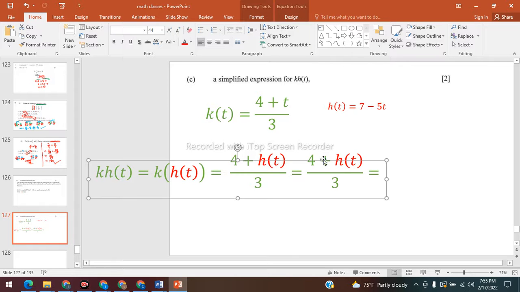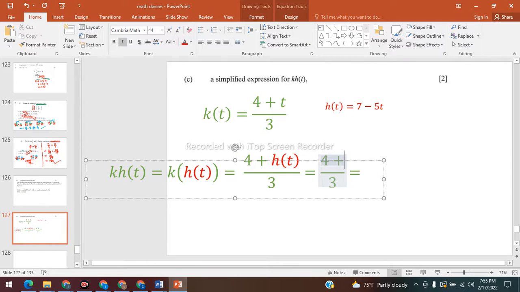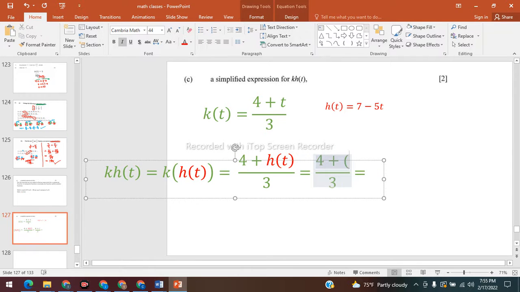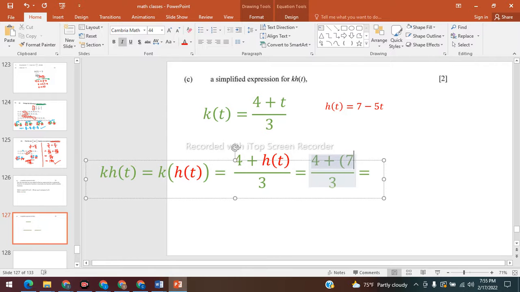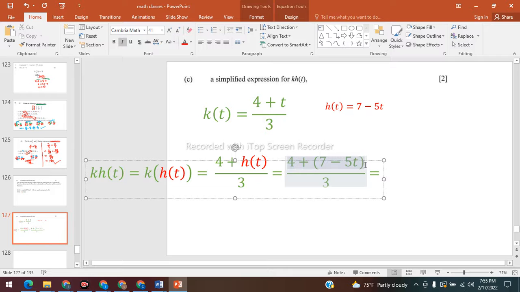What is h of t? 7 minus 5t, close bracket. So what we did is we substituted what the h of t is.